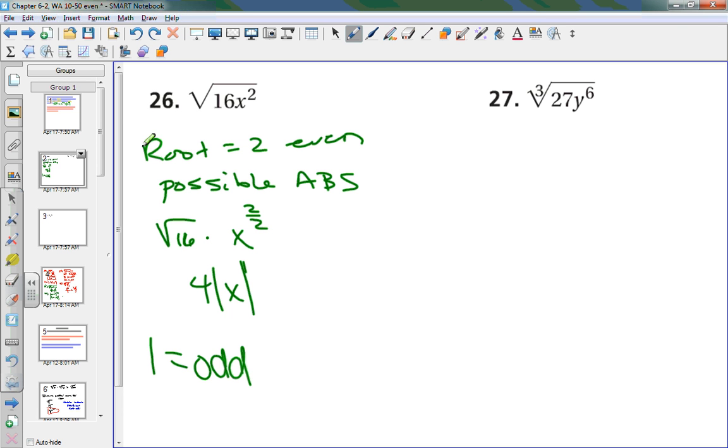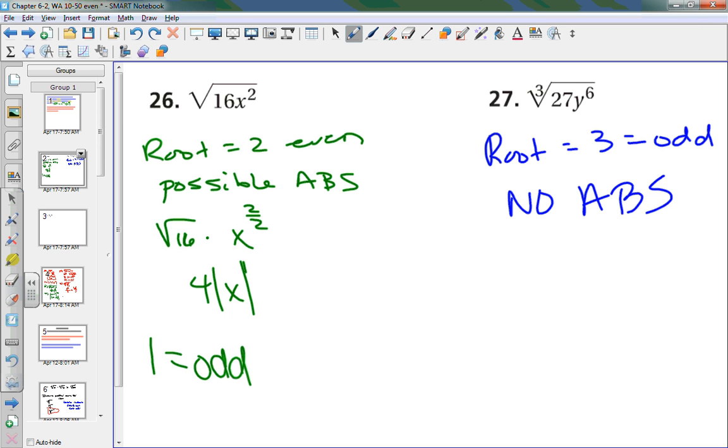Check out 27. Is it possible to have absolute values? No. Why not? Because the root is an odd number. My root is a 3, which means it's odd, which means there is no absolute value. You simply calculate the problem. Because with odd roots, can I take the cube, the 5th, the 7th root of a negative number?